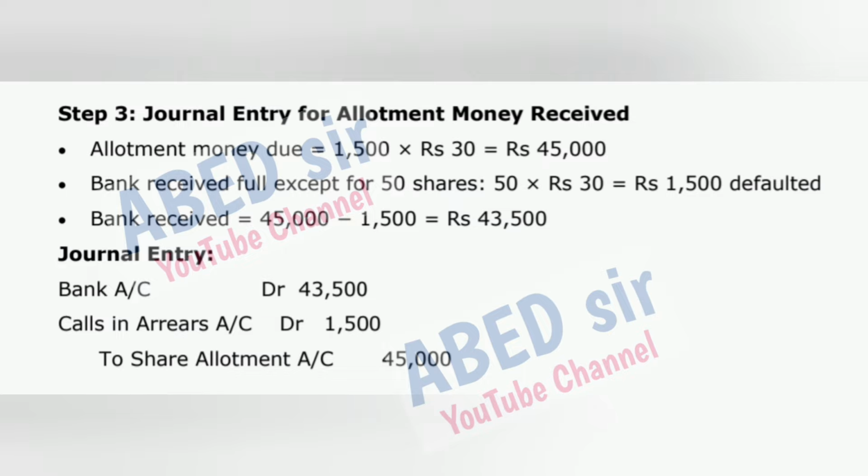Bank received is 45,000 minus 1,500, which is 43,500 rupees. Journal entry: Bank A/c Dr 43,500, Calls in Arrears A/c Dr 1,500, to Share Allotment A/c 45,000.